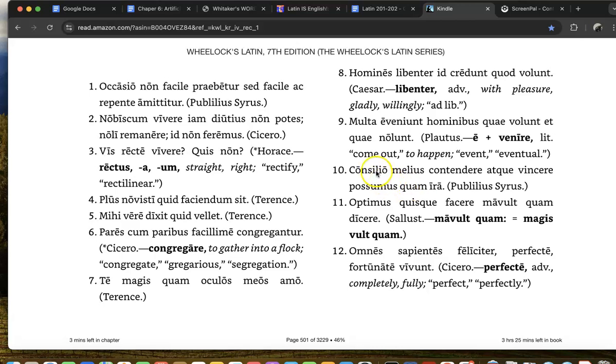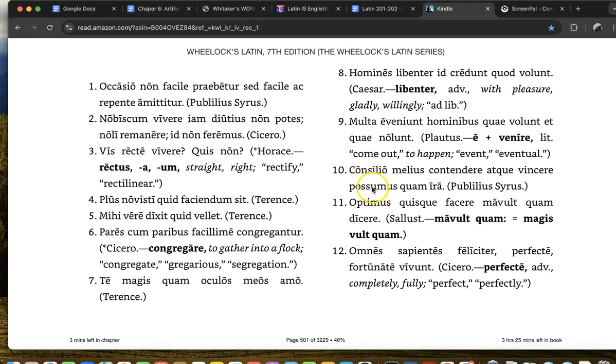So even though it sounds a little bit wonky, I think it is helpful when you're first learning Latin, or when you're always learning Latin for that matter, to just get a sense of the vocabulary and just read it left to right like we're accustomed to in English. So plan, better to contend, and also to conquer, we are able than anger.